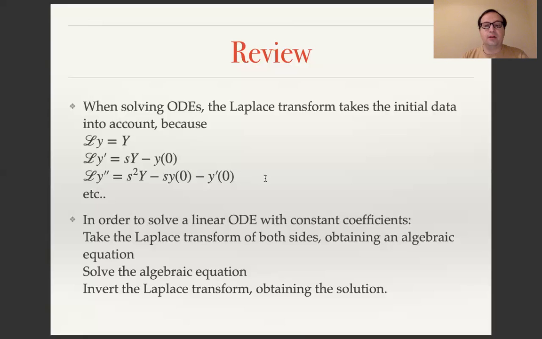So the Laplace transform automatically takes into account exactly the right number of initial conditions. If you have a second order equation, then it takes into account y of 0 and y prime of 0. If you have a third order equation, then it will also take into account y double prime of 0. So please see this formula in the previous course or in the textbook.